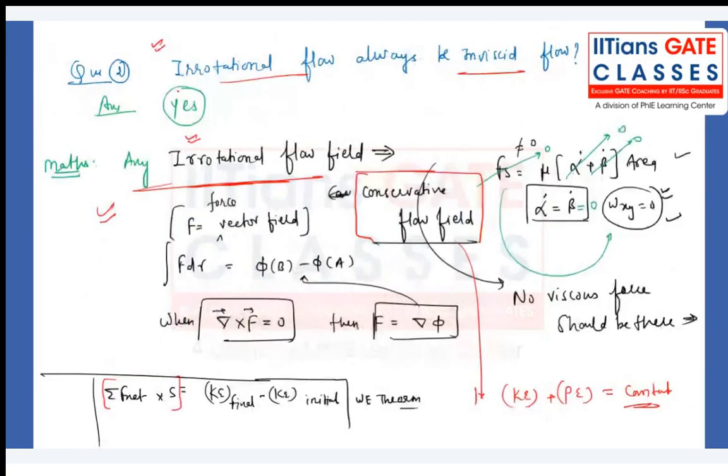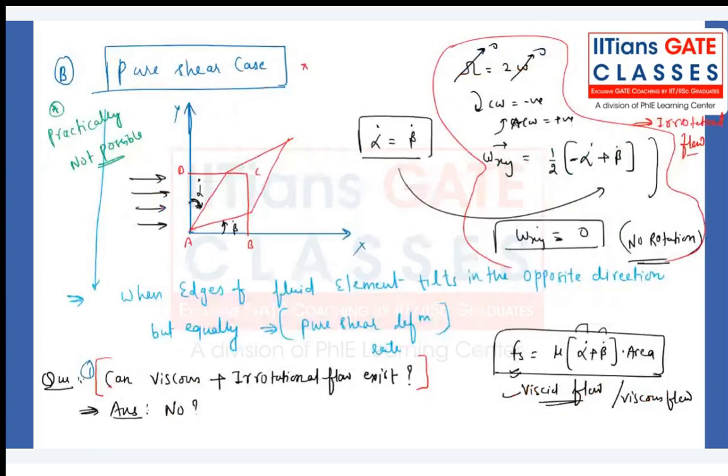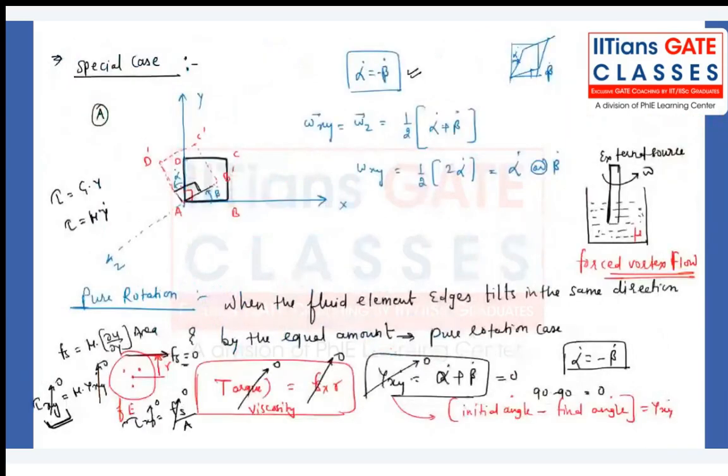Now, the third question is whether inviscid flow will always be irrotational flow. Whether inviscid flow, that is, viscous force is 0, will always be irrotational flow. No, because we have discussed one case. What is that? Here the viscous force is 0, that is the inviscid flow, right?